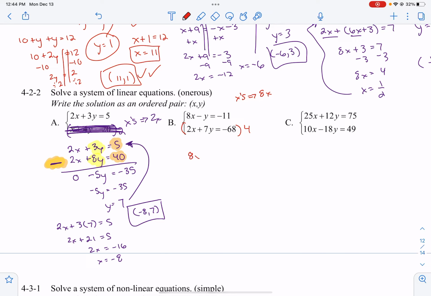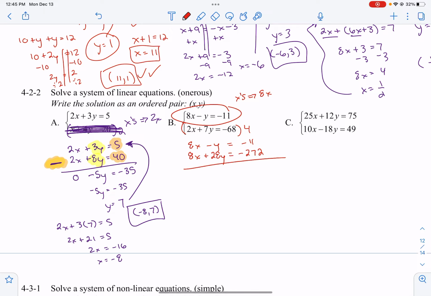So that becomes 8x plus 28y equals, negative 68 times 4 is going to be negative 272, I think. Who picked that number? Geez. And then my first equation stays the same. 8x minus y equals negative 11.